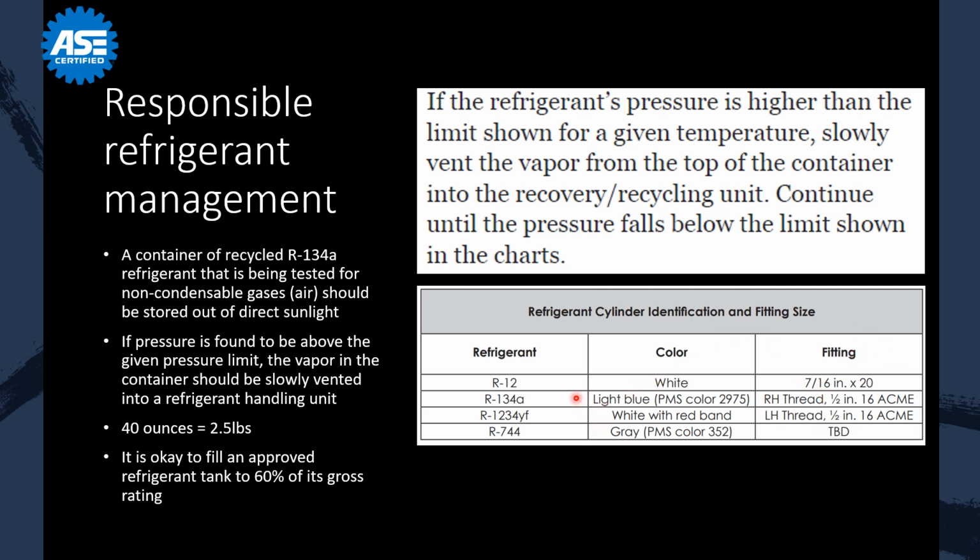So there's a lot of thought going into how we prevent technicians from cross-contaminating the systems, and making sure that they understand the color codes so that they can identify these different types of refrigerants.